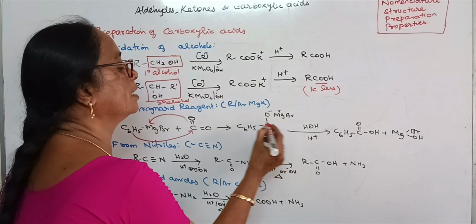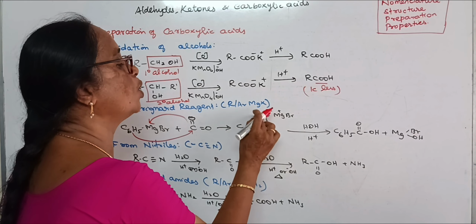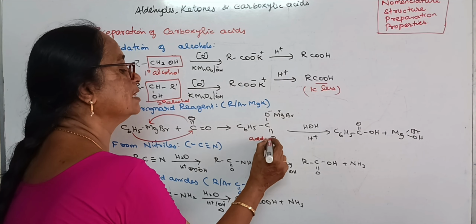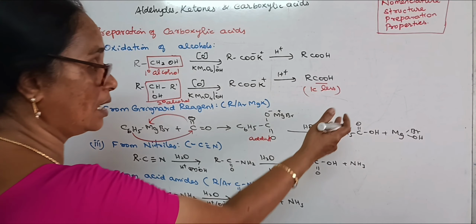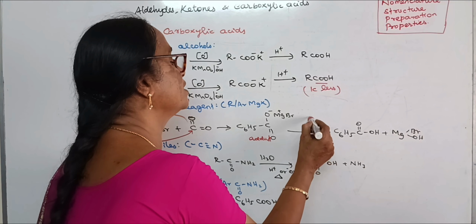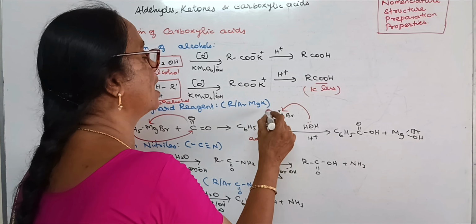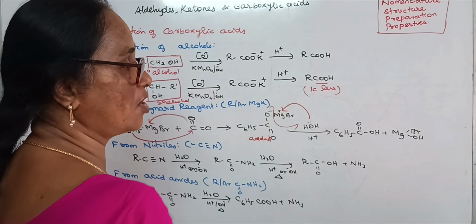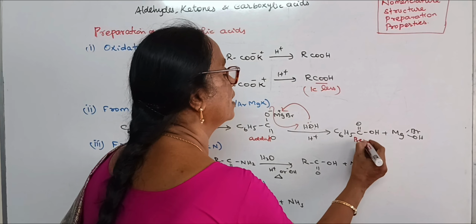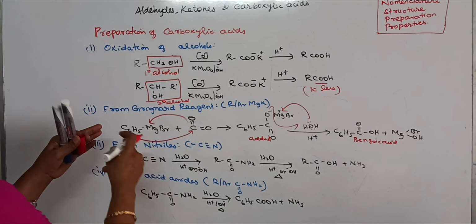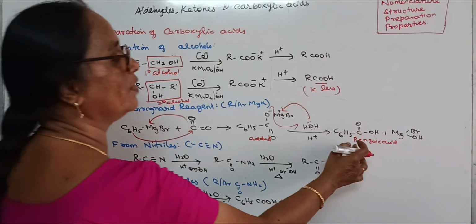So we will get C6H5COO-MgBr. It is said to be an adduct. This adduct, followed by hydrolysis in presence of acid, the OH group will attract the MgBr, and the minus of oxygen attracts the hydrogen atom of water. So we are getting benzoic acid as the product. As we have taken phenyl magnesium bromide, we got benzoic acid.